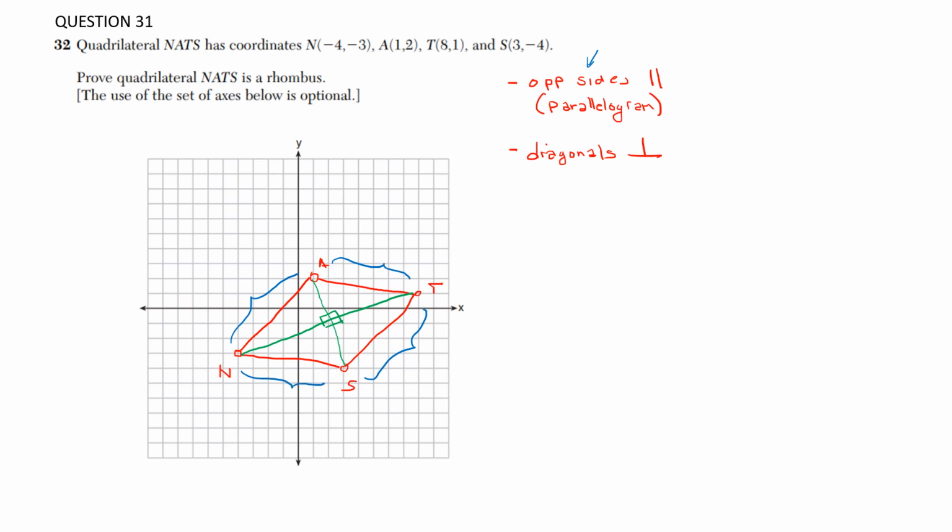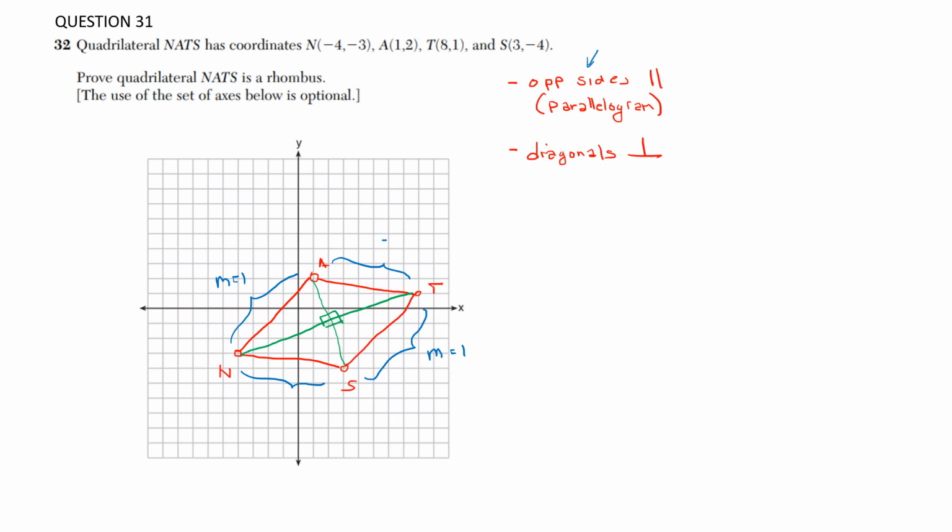We can see here, by looking at the graph, we have ST, it seems like it has a slope of 1. AN has the same exact slope, it looks like. And segment AT has a slope of, you have a rise of -1 and a run of 1, 2, 3, 4, 5, 6, 7.